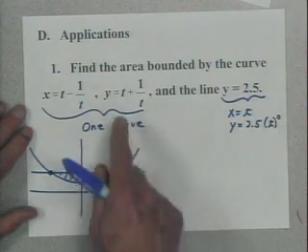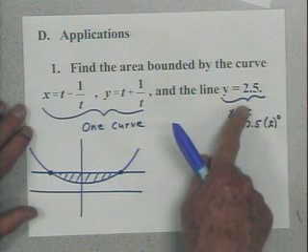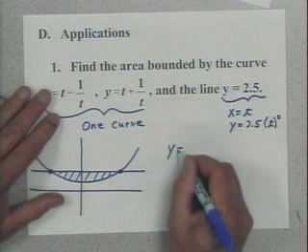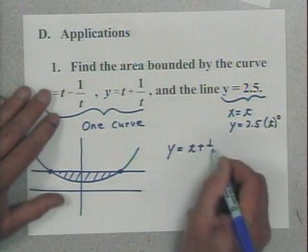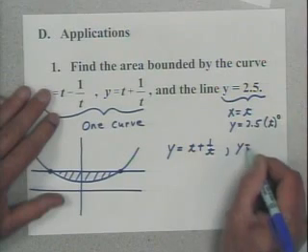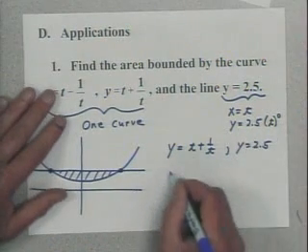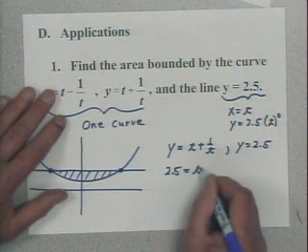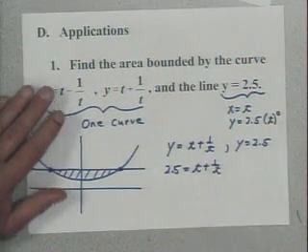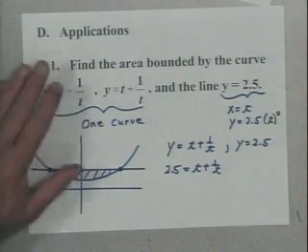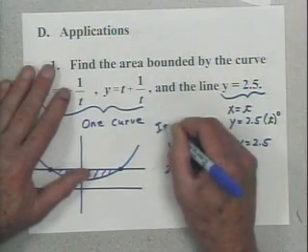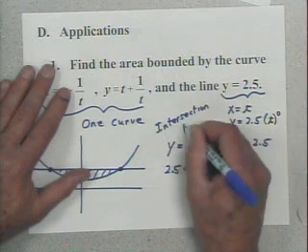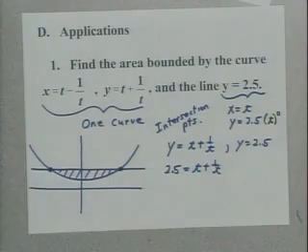Well, when the curves intersect, shouldn't the y's be the same? Okay, so in one case I have y equals t plus 1 over t, and in the other I have y equals 2.5. So I just said 2.5 has to equal t plus 1 over t, and then I solve for t. So what am I doing here? I'm looking for intersection points so I can set my limits of integration.